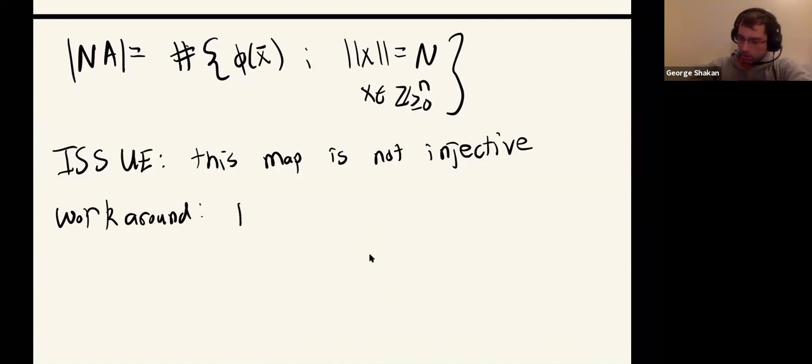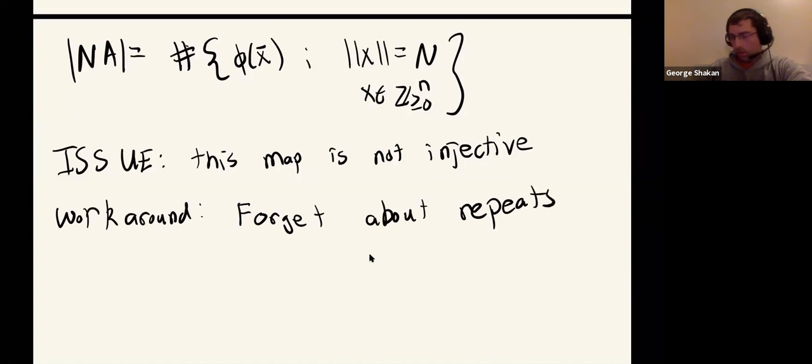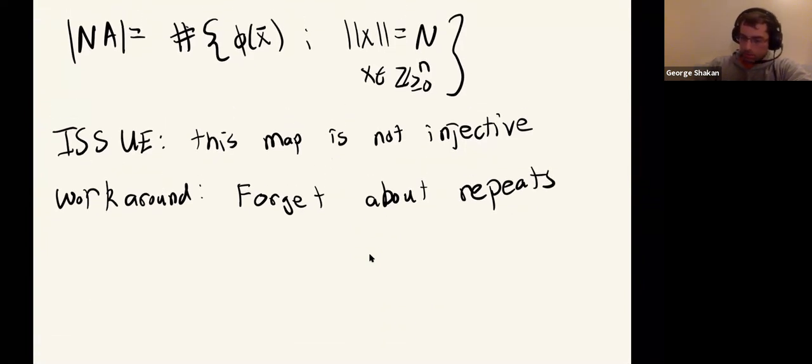But they find a clever workaround. So the idea is to forget about the repeats in a clever way. Right, so for instance, you might have that phi of x equals phi of y.